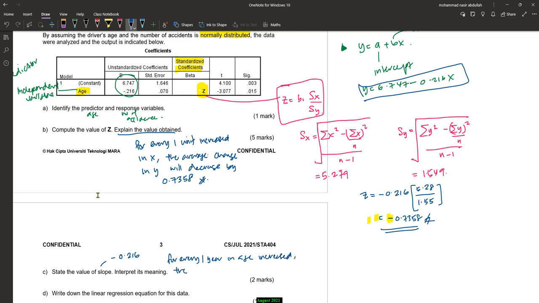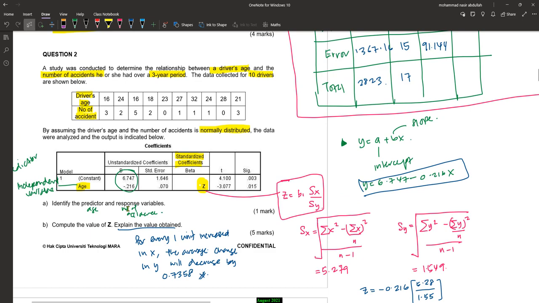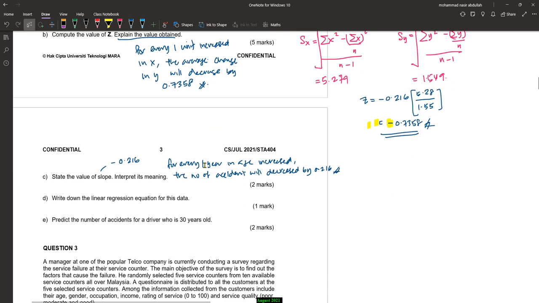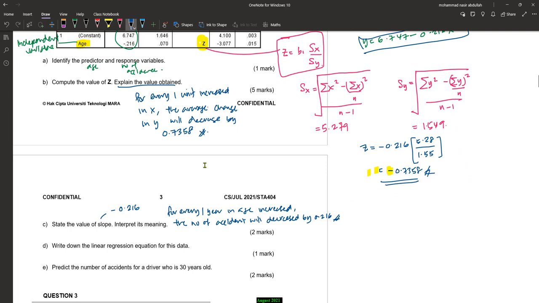The number of accident, right, will decrease by 0.216, right? Maksudnya apa yang I faham dekat sini lah, driver age lah. Maksudnya driver age tu makin makin tua kan. So dia punya dia bawa kereta tu berhati-hatilah.